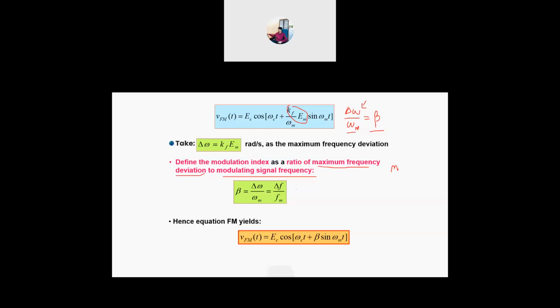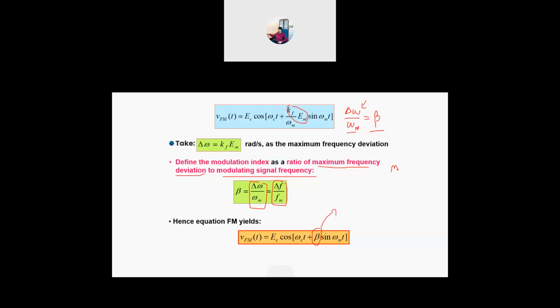If we want to simplify further, we remove the 2 pi, giving it in terms of frequency; in terms of angular frequency, it is like this. Hence the FM equation can be simplified further in terms of beta.